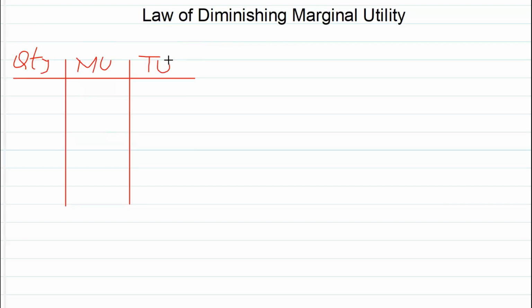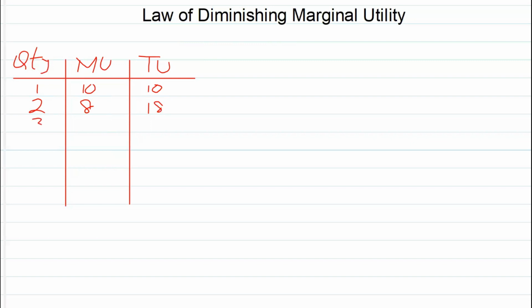When a consumer consumes the first unit of a product, let's say he gets 10 units of marginal utility from that product, so his total utility will also be 10 units. If he consumes the second unit, then marginal utility will decrease from 10 to 8 units, but his total utility would be 10 plus 8, that is 18.